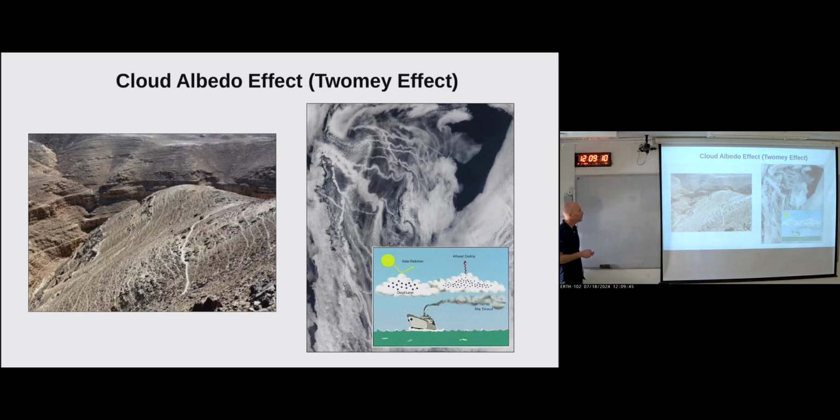So just to remind you about the cloud albedo effect, or again the Twomey effect, the most famous example is ship tracks. The aerosols from the ship go into the cloud in the pristine oceanic regions, and they increase the number of droplets. The clouds become brighter. So you can see the brighter clouds here. These are thin clouds, and then the more aerosols make them brighter.